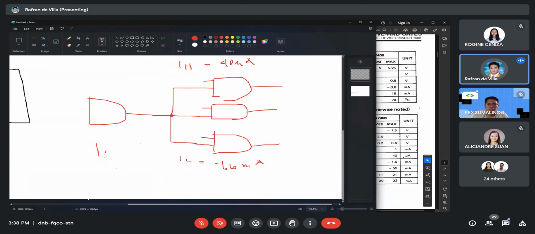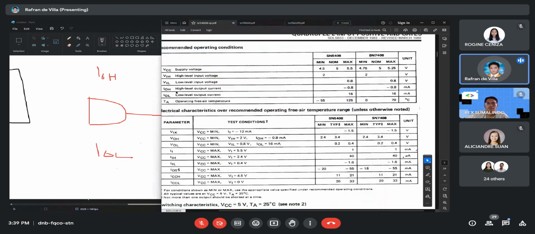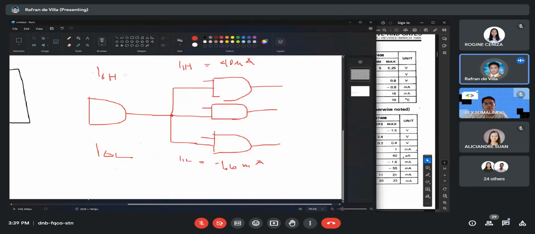Sa IOL, pag naa pud ay IOH. Sa IOH, 0.8. Nya, sa IOL, naa kay 16 milliamps. Okay? So, diyan sa ito mo mag-solve ani? So, malinog.